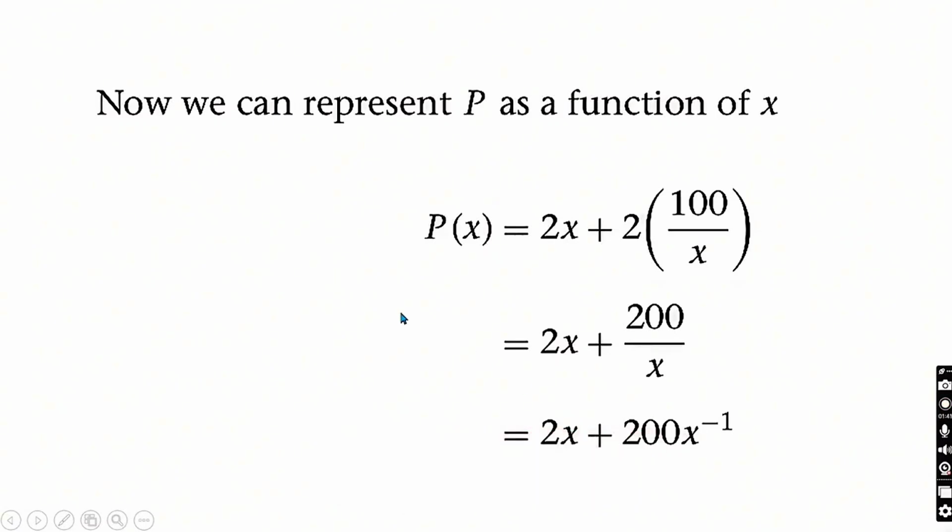So we'll continue. We can represent a function from the result. We have P of x is equal to 2x plus 2 times the quantity 100 over x.